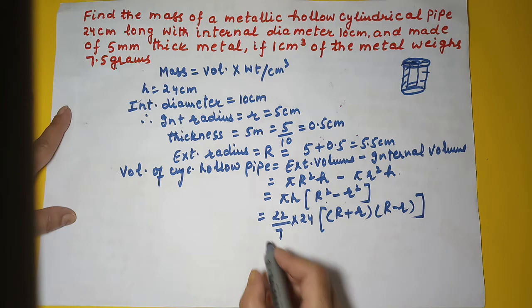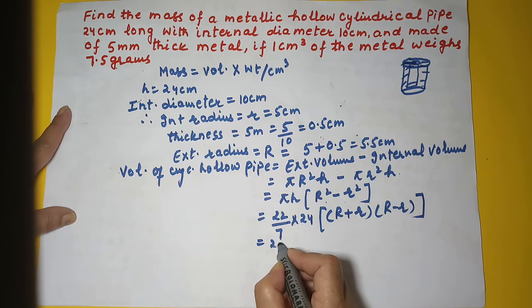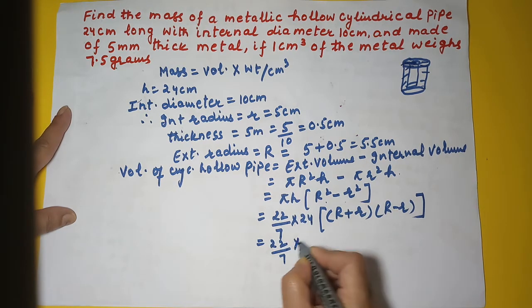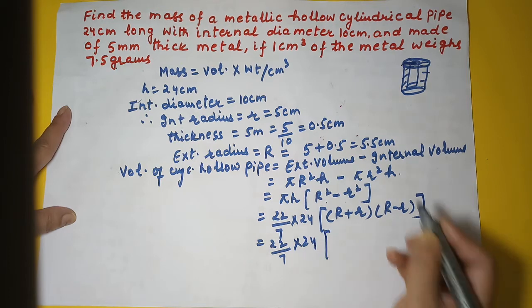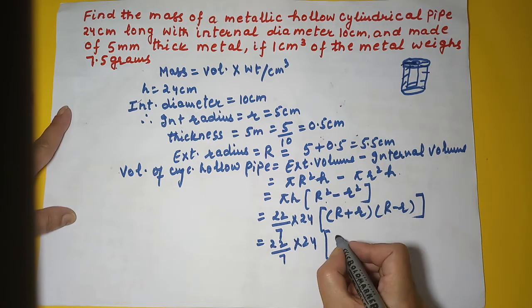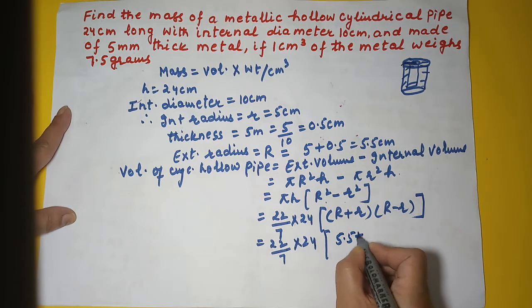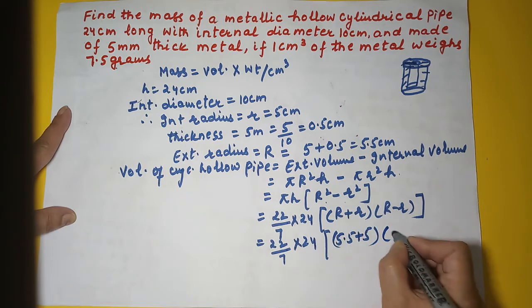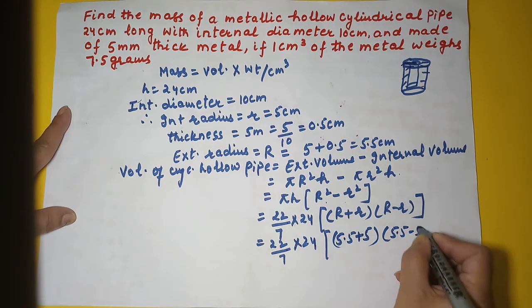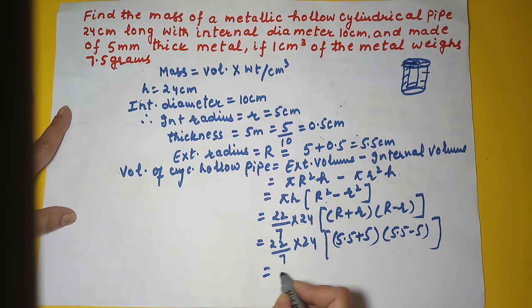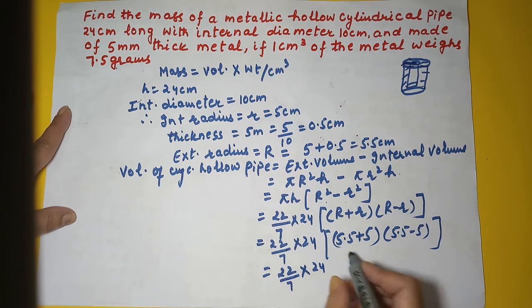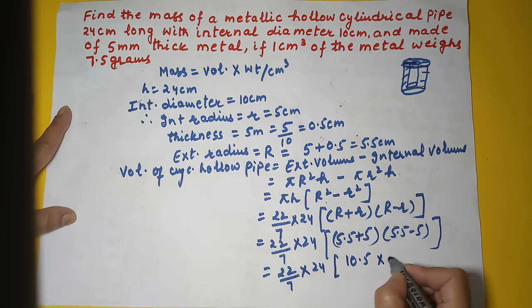This will make my calculations a bit easier. So 22 by 7 into 24, R, that is 5.5 plus r is 5, into 5.5 minus 5. So this will give me 22 by 7 into 24 into 10.5 into 0.5. Right?